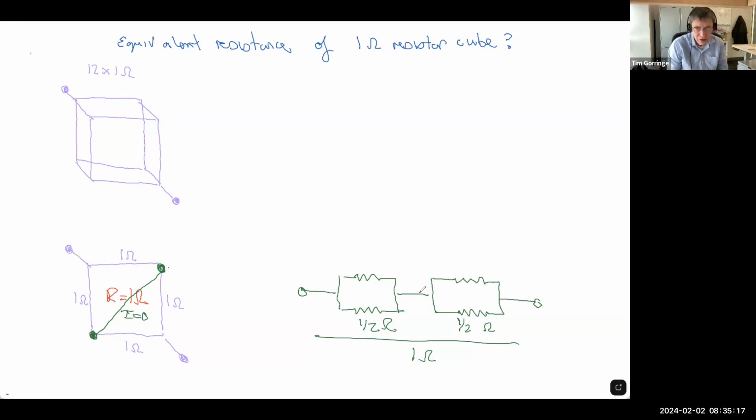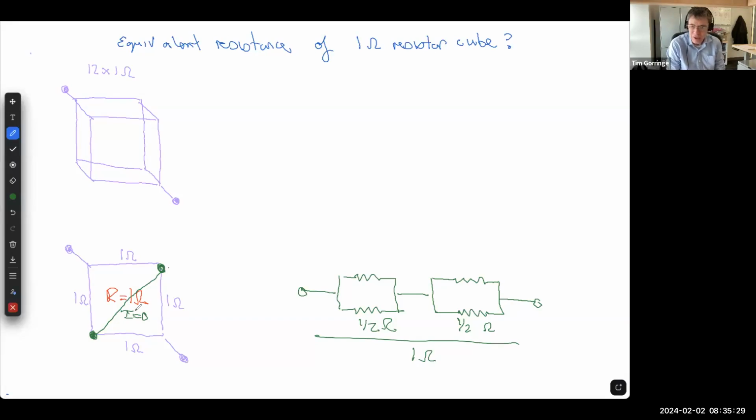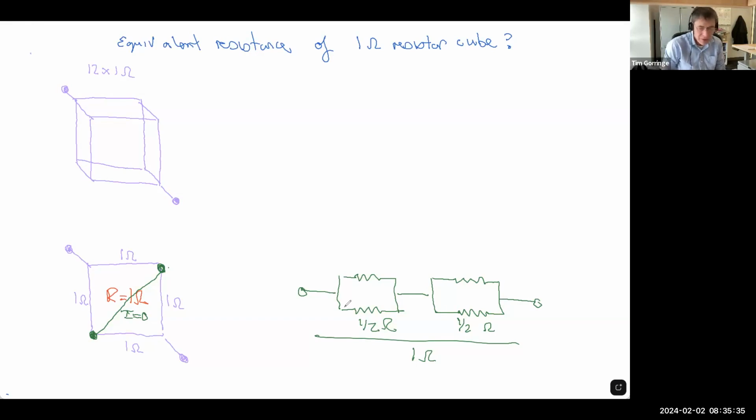Now, in the case of the square, the second way really didn't make solving the problem any quicker. It's kind of interesting that you can put a wire here and make no difference, and you can redraw the circuit involving different arrangement of parallel series resistors, but it didn't make solving the problem any quicker.